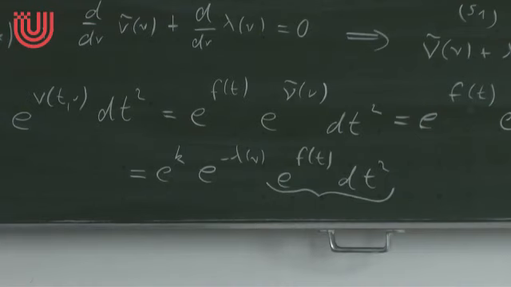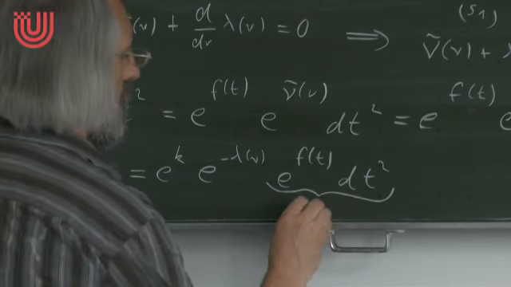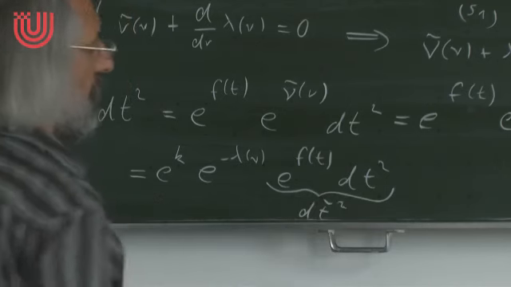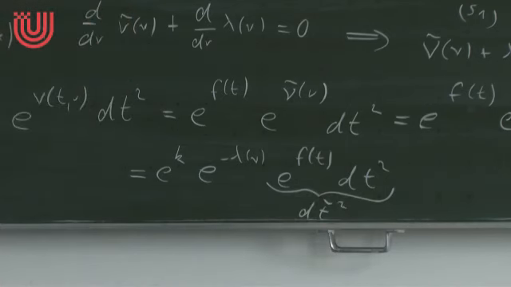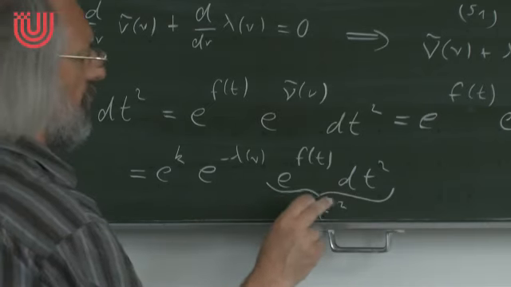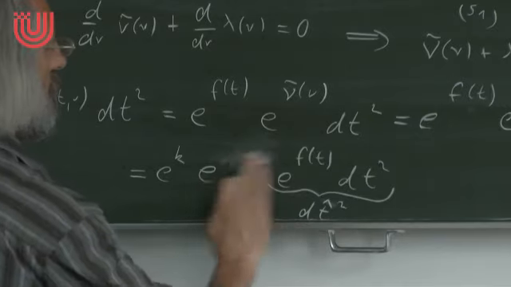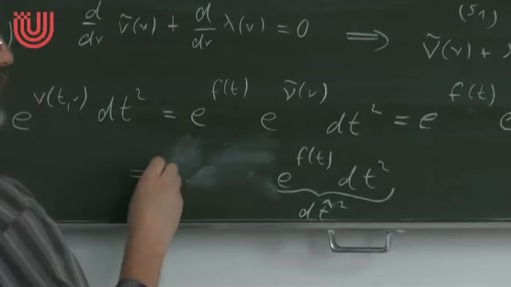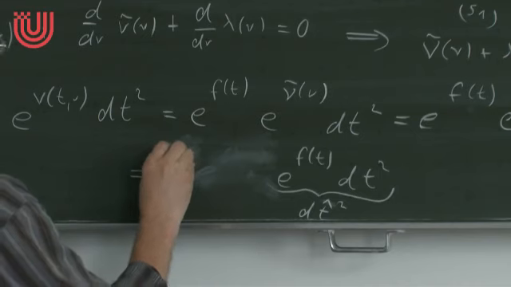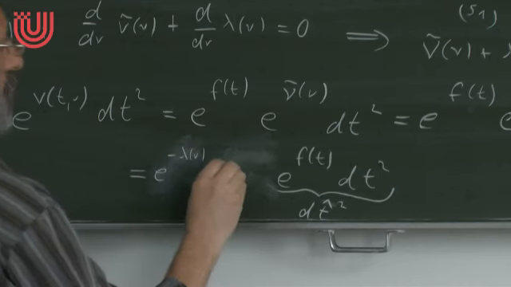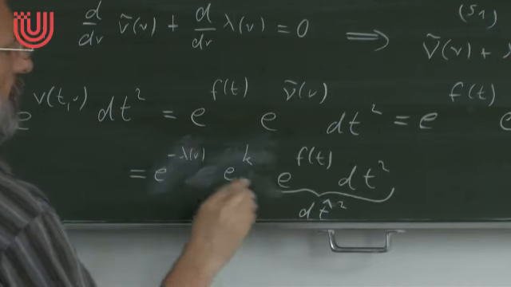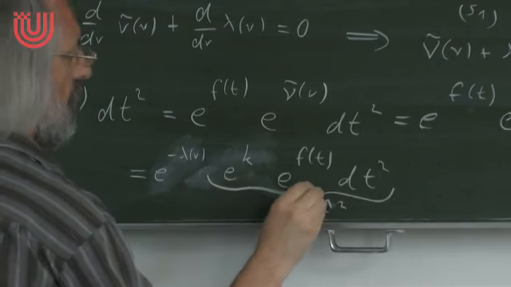I just transformed the time coordinate, so I call this d t hat squared, because we had already a dt tilde. And I have now a new time coordinate. I think I include the k also. Yes, I include the k also. So let me write this here, minus lambda of r, and e to the k, and this is here.